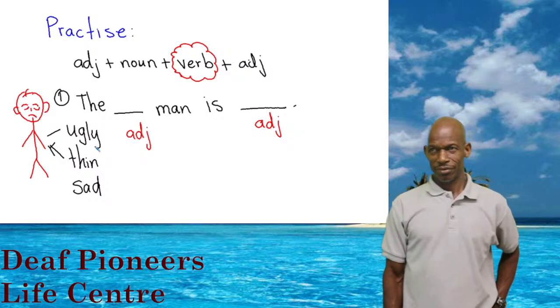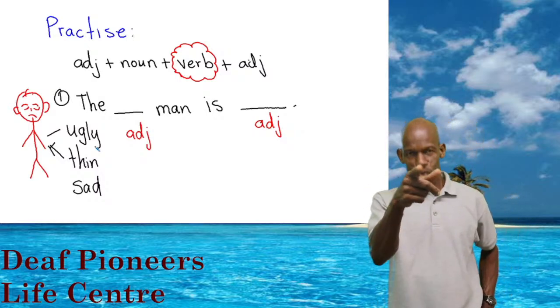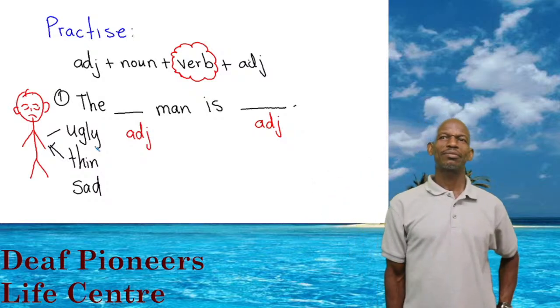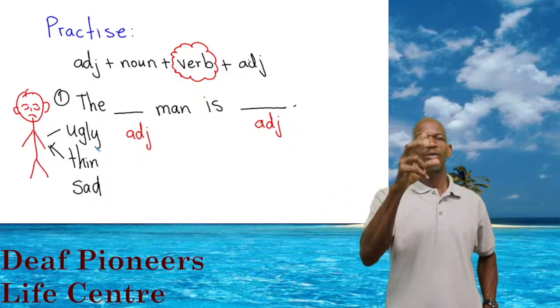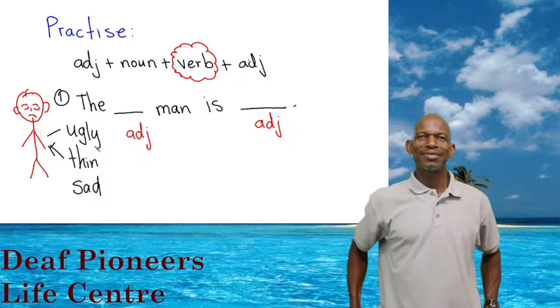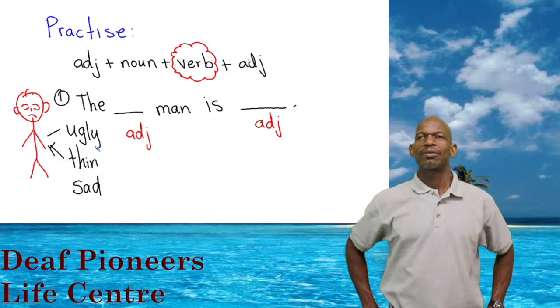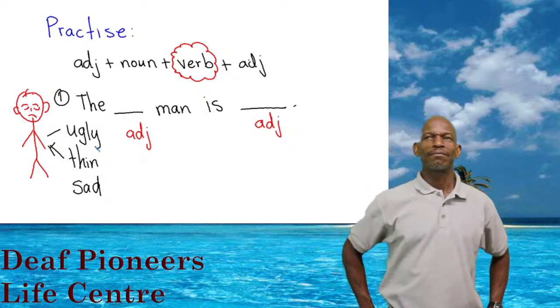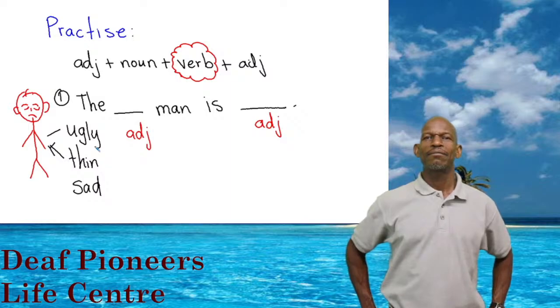All right, write the sentence for me. Tell me what you're going to put in, how you're going to put it. All right, go ahead, Sabrika or Cheryl. All right. Sign that for me again.